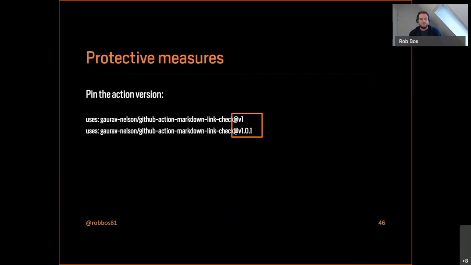What else can you do? You can also look at pinning a certain action. All the actions are following semantic versioning, so you can pin it at the minor level or the major level. That's a rather common thing that everybody advises you to do. But I went looking into this and found out that those tags are either added manually on top of the release or automatically added because the release has a tag in it.